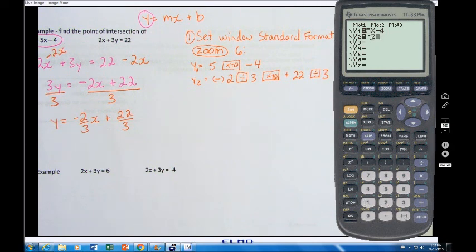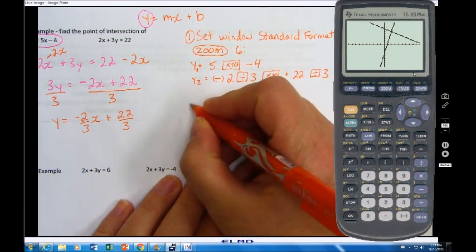The negative signs look smaller. Thirds x plus 22 divided by 3. And then we have that one entered. And then we'll look at the graph. And there's our graph.